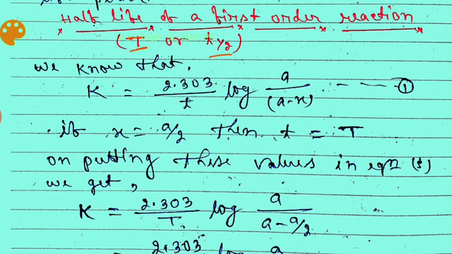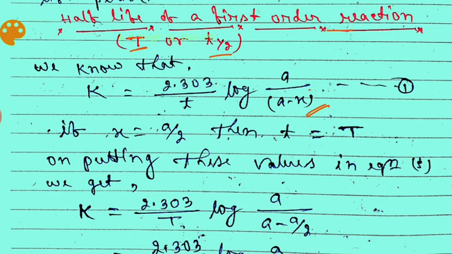We know that k is equal to 2.303 by t log a by a minus x. We have read this in the expression of rate constant of first order reaction, and we have to determine here half life of first order reaction.